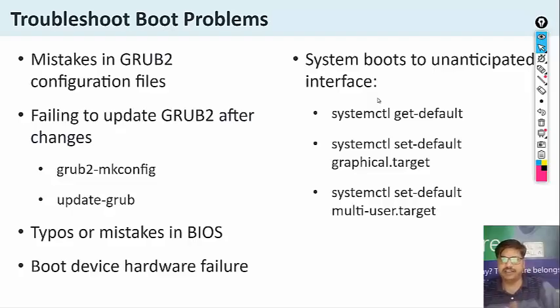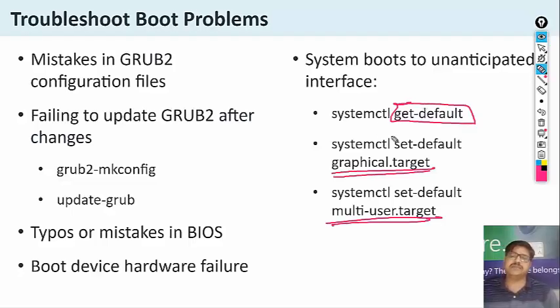Systemctl get-default, set-default. There are two types you can set. One is graphical target, and another is multi-user target. First you will check which one has been set as the default.